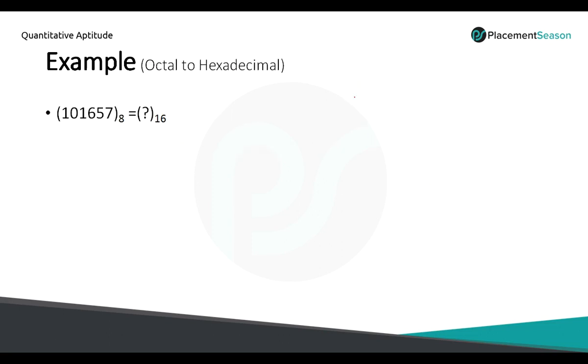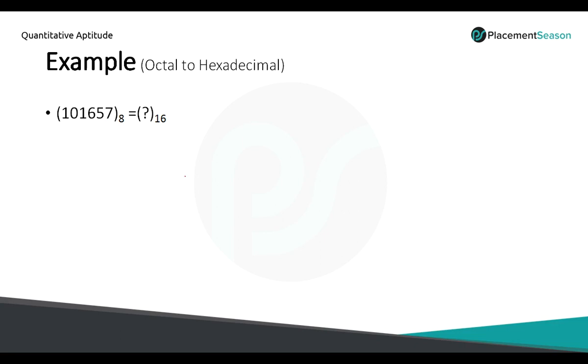Similarly, if you want to convert the given octal number to hexadecimal, how to convert? One way is you can convert the octal to binary and again the binary answer to hexadecimal. That is one way. So we are doing the same thing here to convert directly. The simple method is to do the same thing. Write the corresponding binary equivalent for these individual numbers.